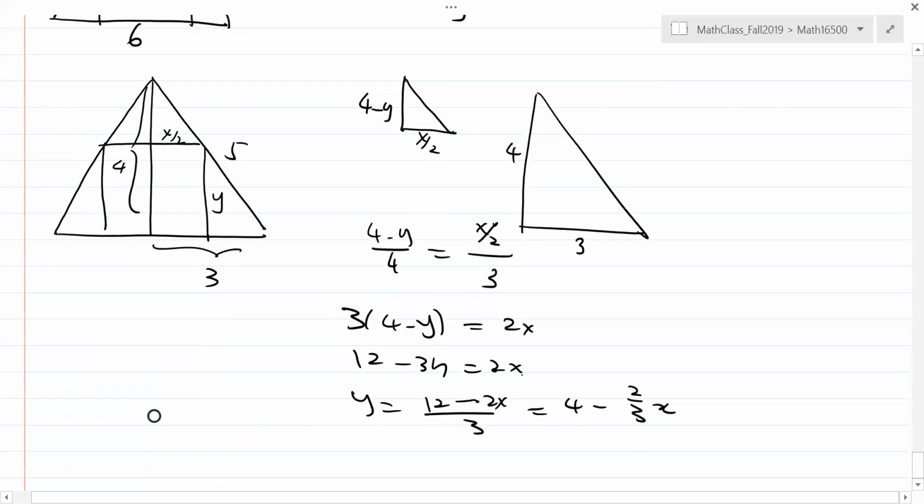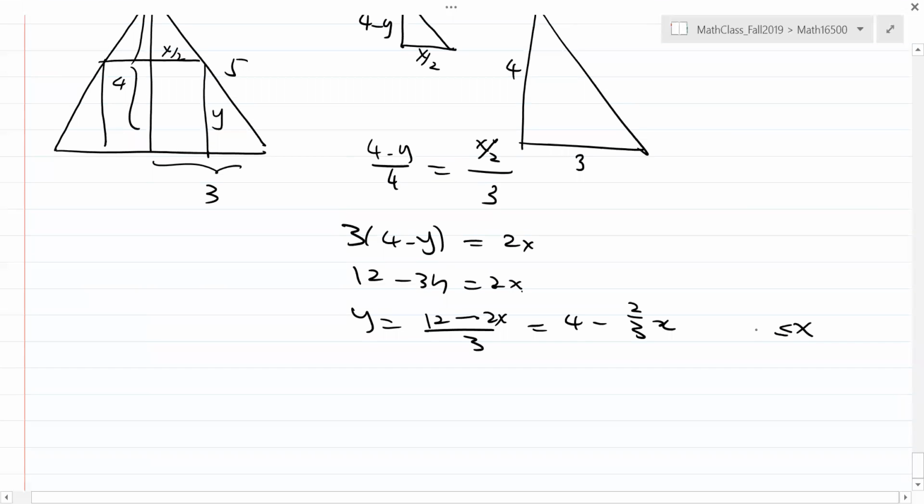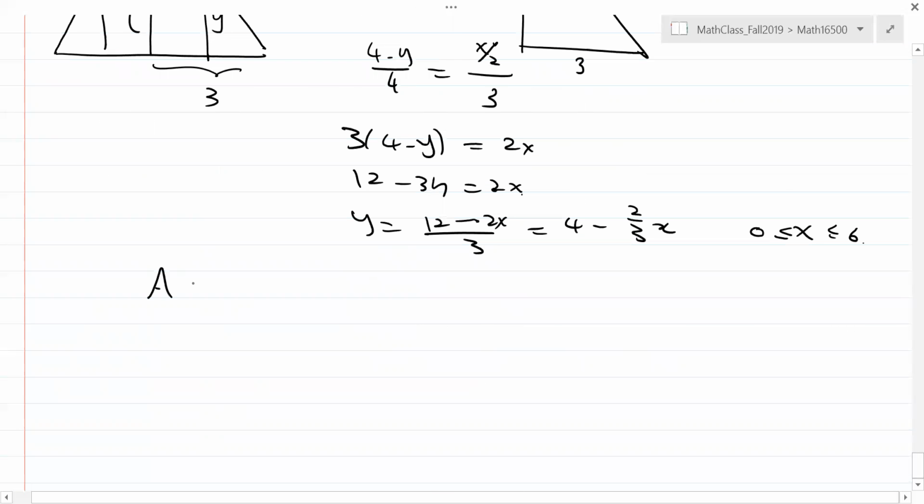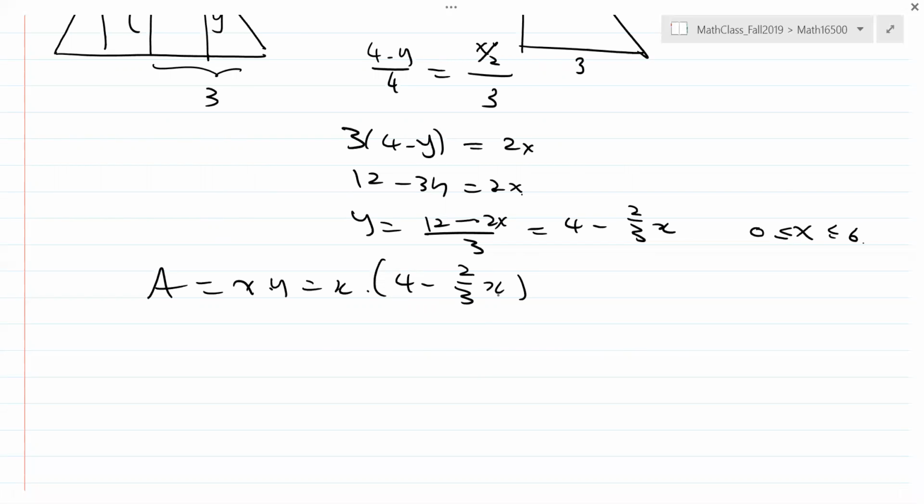So anyway, x is between 0 and 6, and the corresponding y value is between 0 and 4. So the area is going to be x times y, x times (4 minus 2/3 x). This is just a quadratic function. You find the maximum value of this function: 4x minus 2/3 x squared.